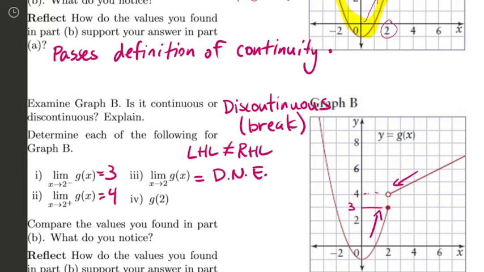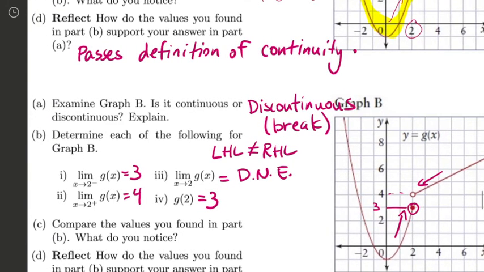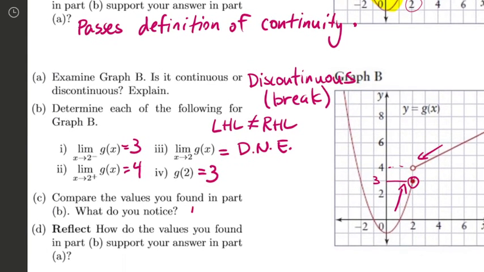Now, g of 2, can I evaluate g of 2? Certainly can. That is the filled-in point, not the hollow point, so the filled-in point there is equal to 3. So what do we notice? The values here are not equal.